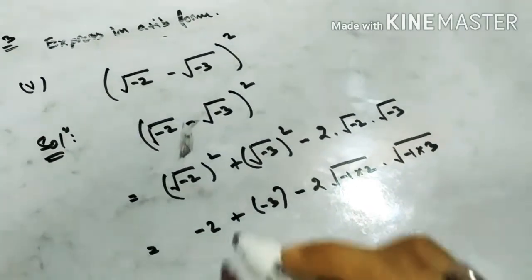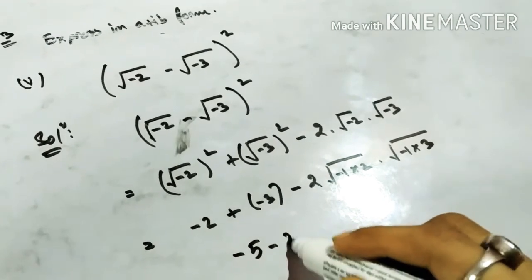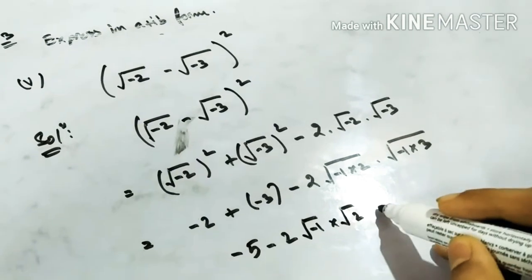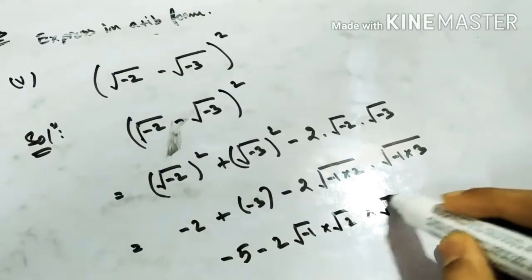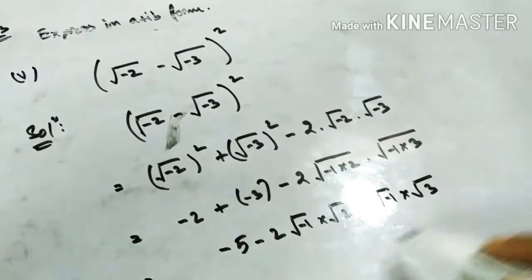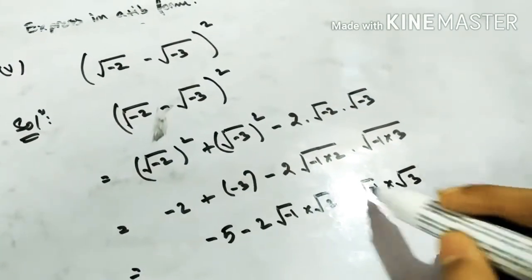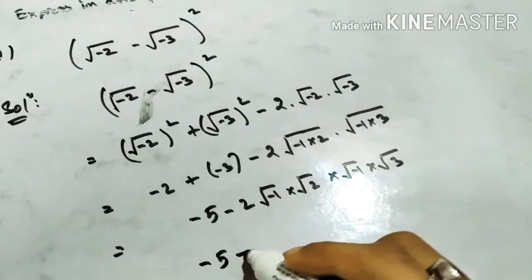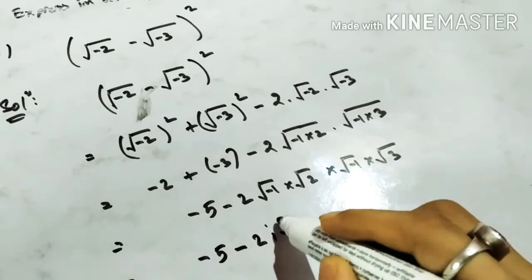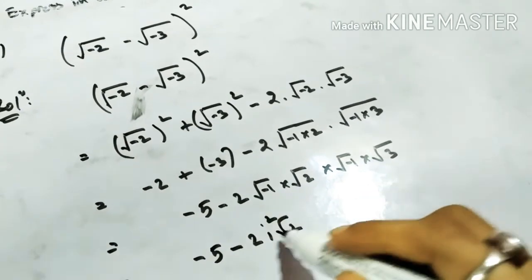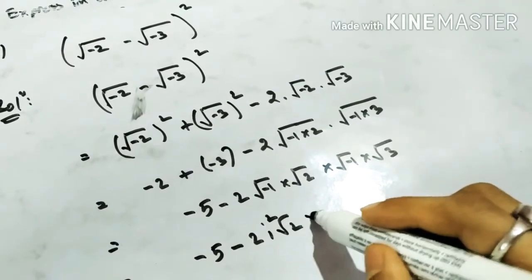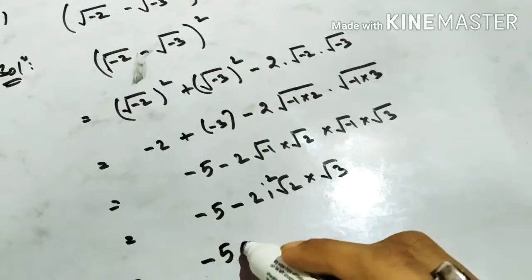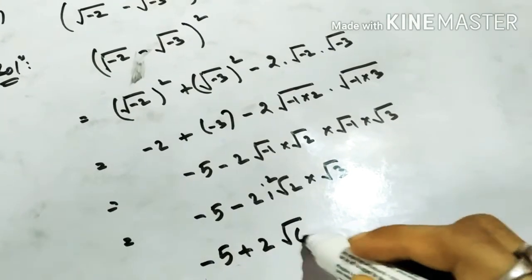So this will become minus 5 minus 2 root over minus 1 into minus 2 into minus 1 into root 3 into root over minus 1 into root over 3. So this will become minus 5, twice i square, this will be i, twice i square root 2 into root 3. So this will become minus 5 plus 2 root over 6.